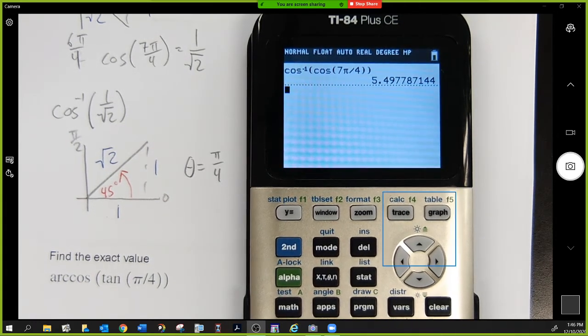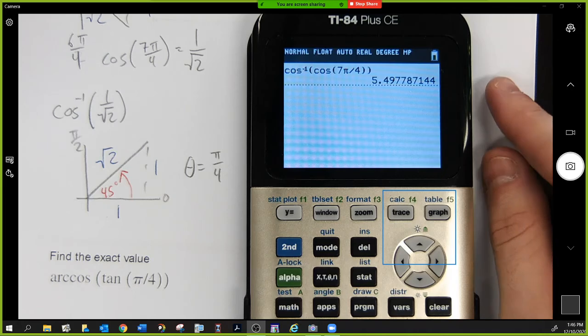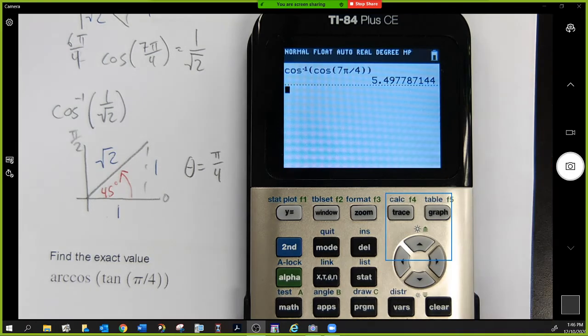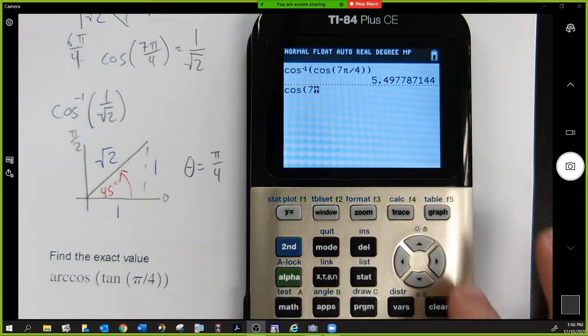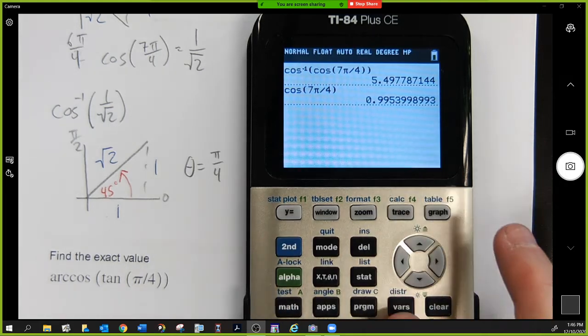Did I type it wrong? I'm in degree mode. I want to be in degree mode. What went wrong? Overloading the calculator? No, it's supposed to be this order. You need to be cosine 7 pi over 4. Yeah, I'm in degree mode. So this is going to be something ugly, and then cosine inverse of that.